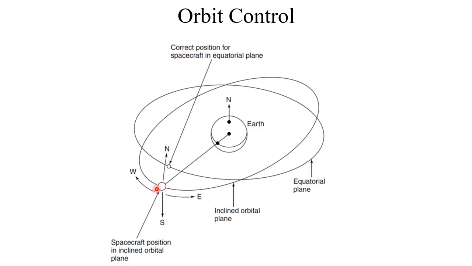Depending on the amount of shift in inclination or shift in position, etc., different engines are fired, sometimes automatically, sometimes some command must be given from the ground station, and based on that, engines are fired for a specific period of time, and those engines will correct the change in position, right?